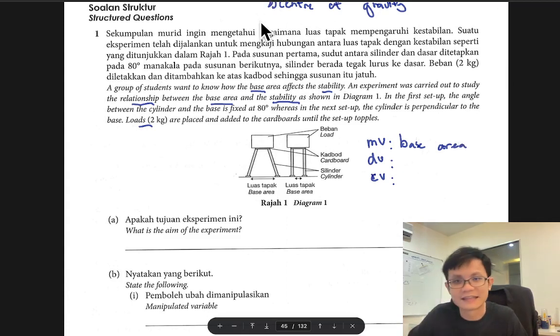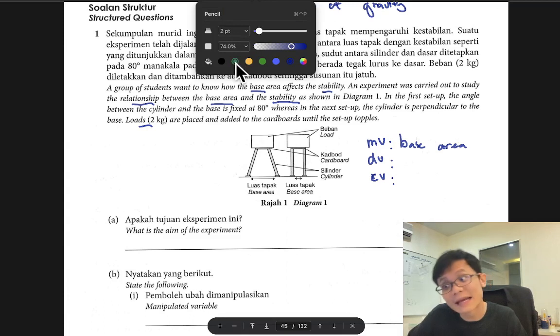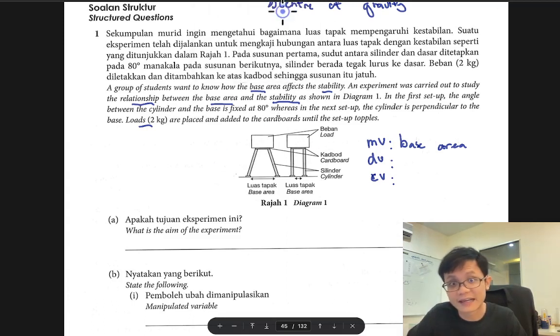I would say for SPM it will be 95 or 97%. But they can choose not to put it, because when they give you the picture, they can also ask you to guess. So for this question, we can see the keyword: relationship between the base area and stability.